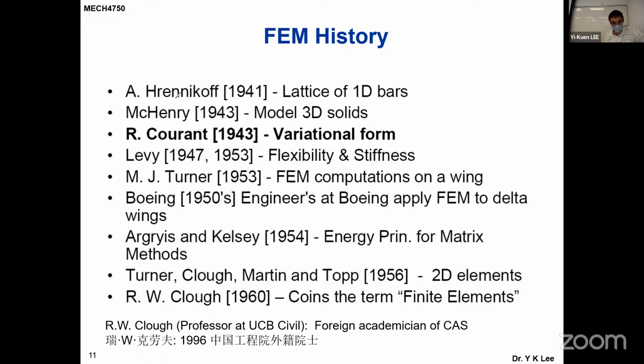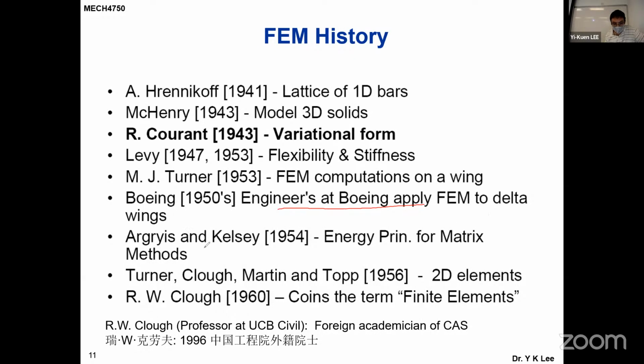Several key people gradually developed mathematical methods to discretize problems in solid mechanics. As it gradually matured, even the company Boeing tried to use this for the design of the delta wing in aerospace engineering.